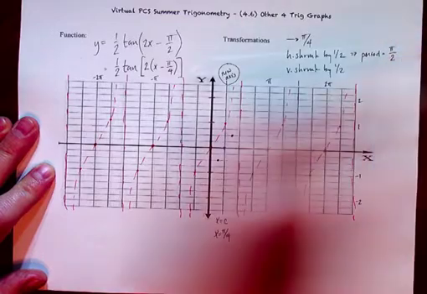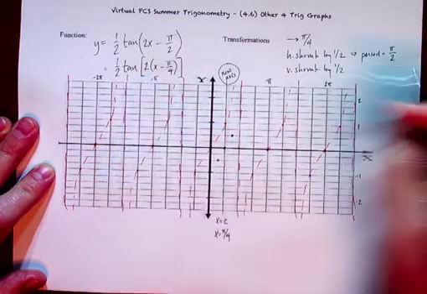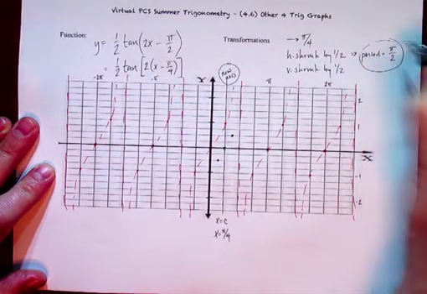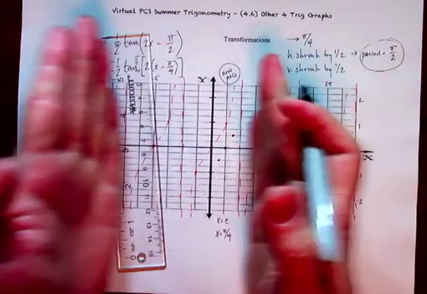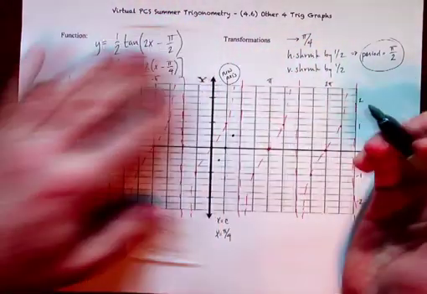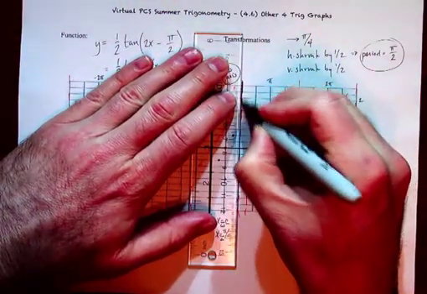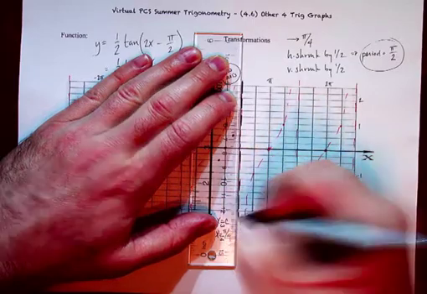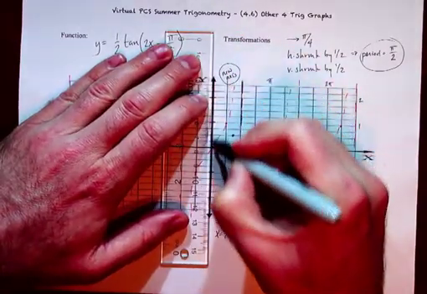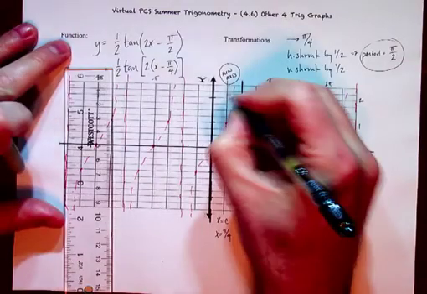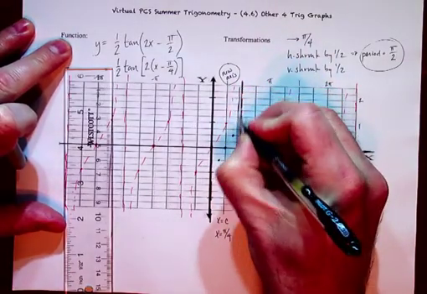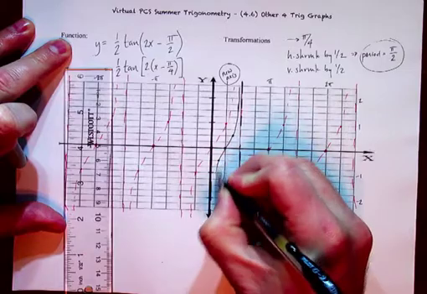My b value was 2, and therefore my new period is pi over 2, which means that the fact that it moved over and then it squeezed in, you have skinnier periods, right?